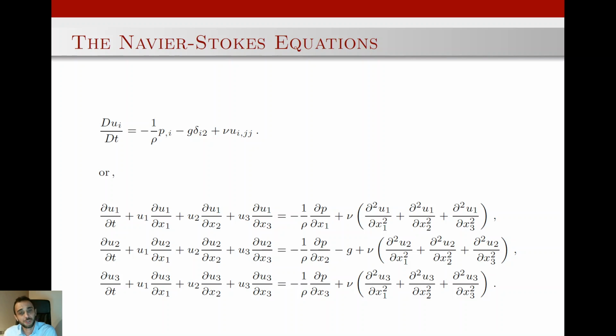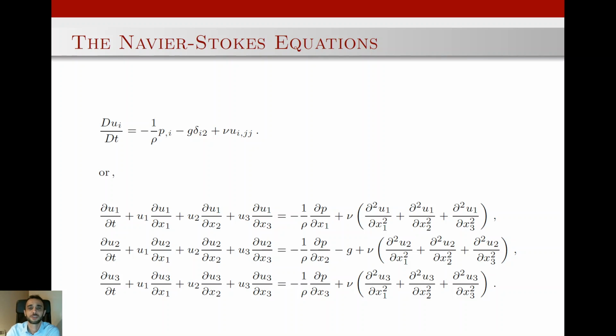Now, I should mention that this approach that we used here is called the continuum approach, that is, we're not talking about individual particles. We're talking about velocity and density being continuous over space. And this is a branch of fluid mechanics that separates itself from what I'll be discussing in the next few slides and in solving these equations.